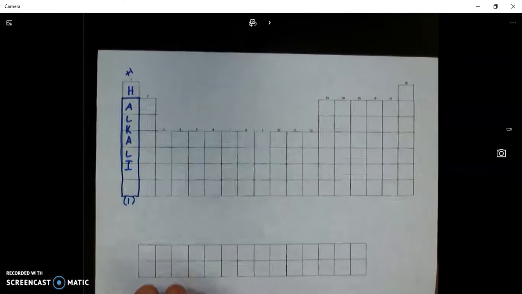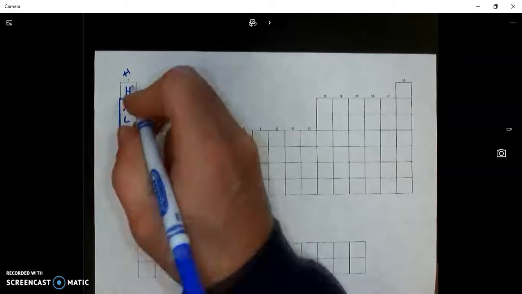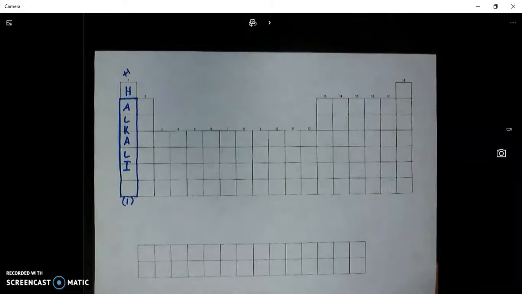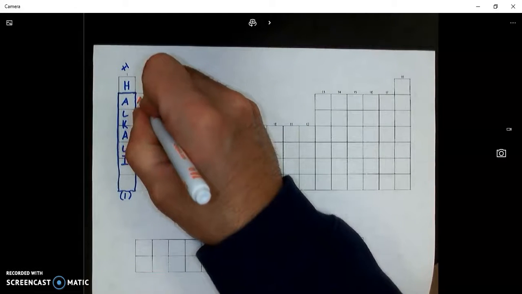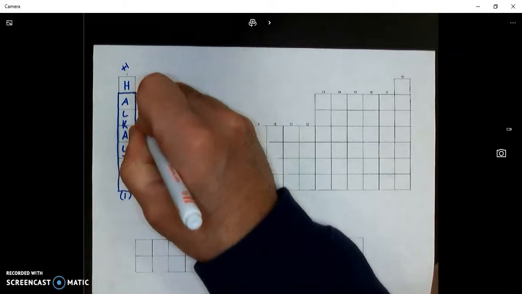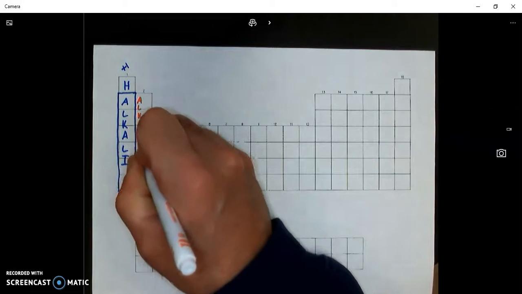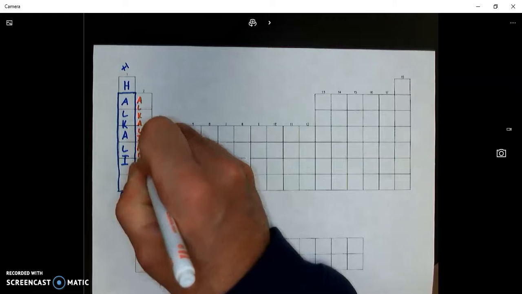Okay. The second group is called the alkaline earth metals. Alkaline earth. That's A-L-K-A-L-I-N-E.